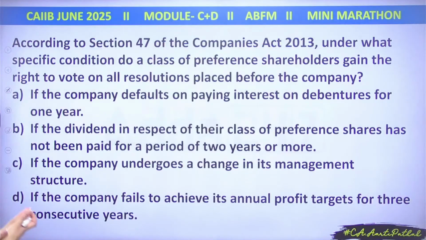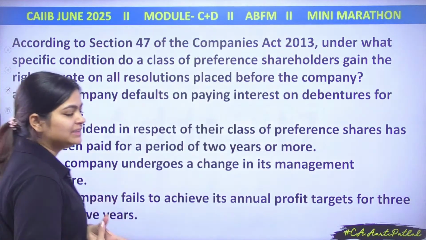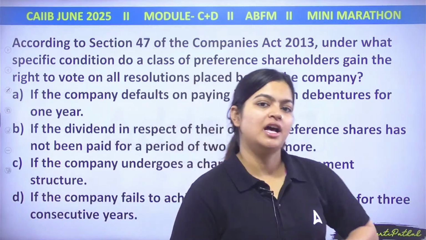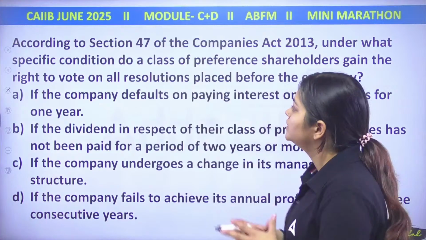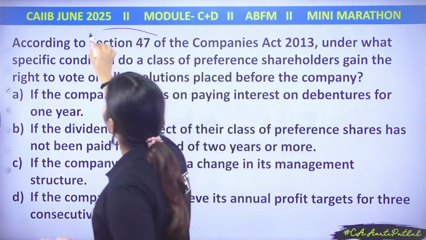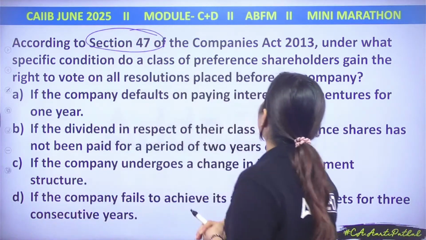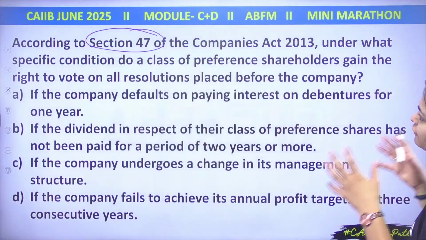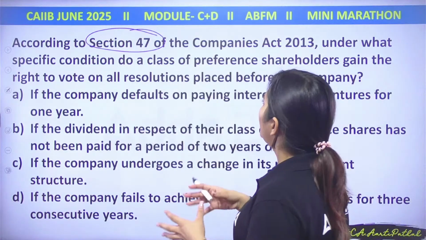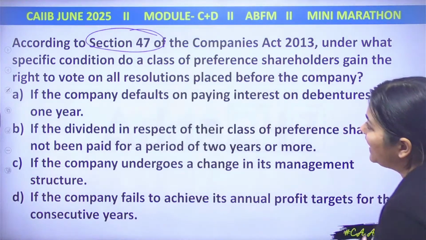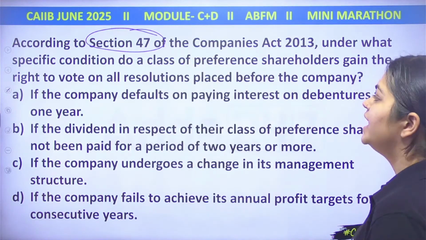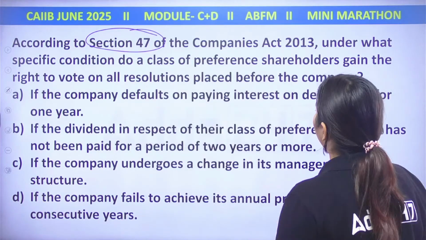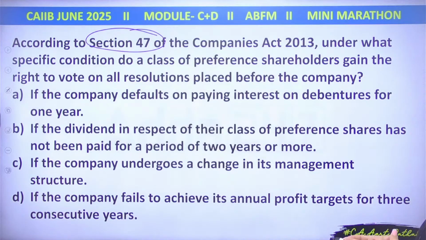Next question. Now remember one thing, in your ABFM exam, they can ask questions based on sections also. So this question is based on section 47 of the Companies Act 2013. Under what specific condition does a class of preference shareholders gain the right to vote on all resolutions placed before the company? A, if the company defaults on paying interest on debentures for 1 year.